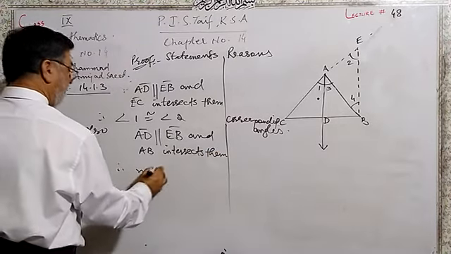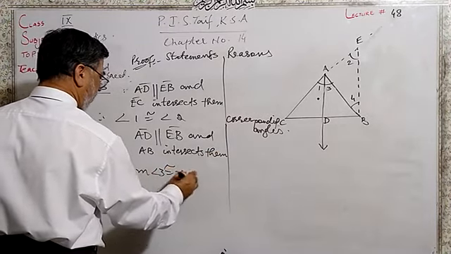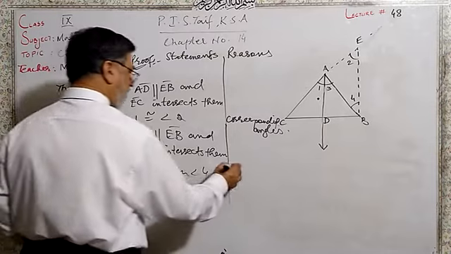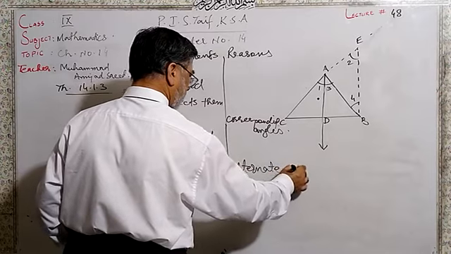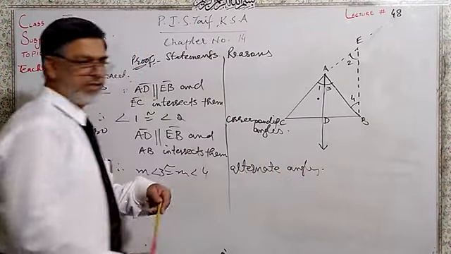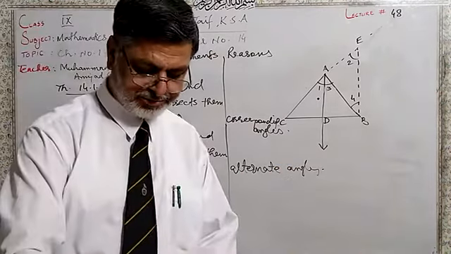Therefore, angle 3 is congruent to angle 4. They are alternate angles. Yes, they are alternate angles.